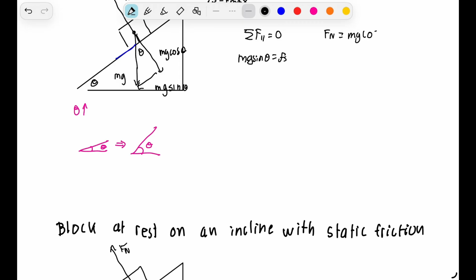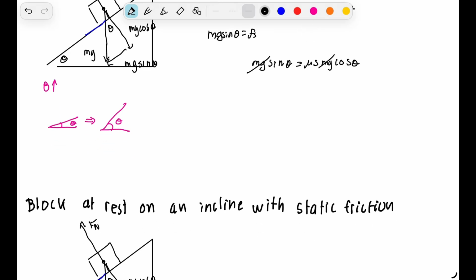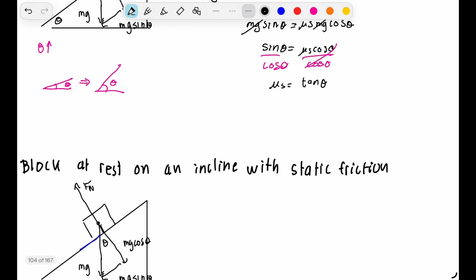And also normal is mg cosine theta. So we're going to say we have, then we can just divide both by cosine theta. That's going to be tangent theta. So that is going to be mu s.